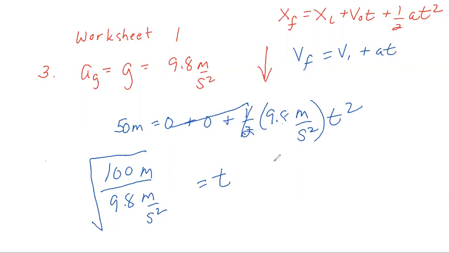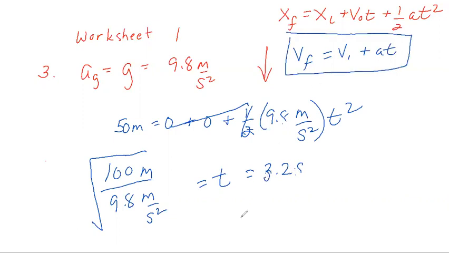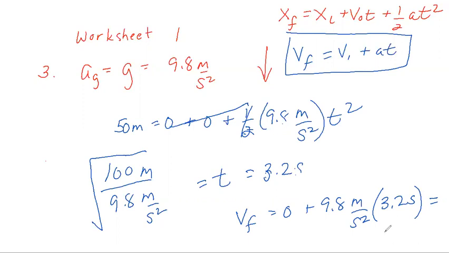And t is going to be equal to 3.2 seconds. Now, it's a simple matter of using this equation to solve for my final velocity. So v final equals 0 plus 9.8 meters per second squared times 3.2 seconds. And that's going to give me 31.3 meters per second. And that's our final answer for this guy, 31.3 meters per second.